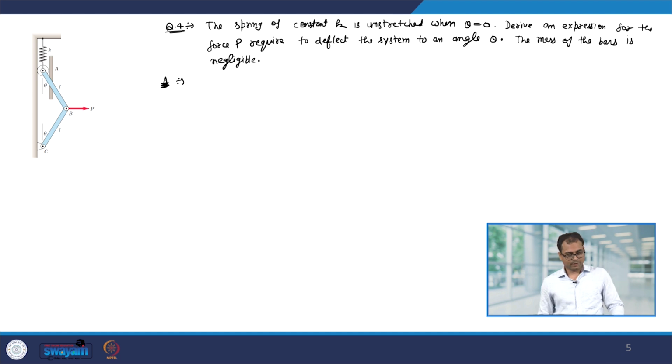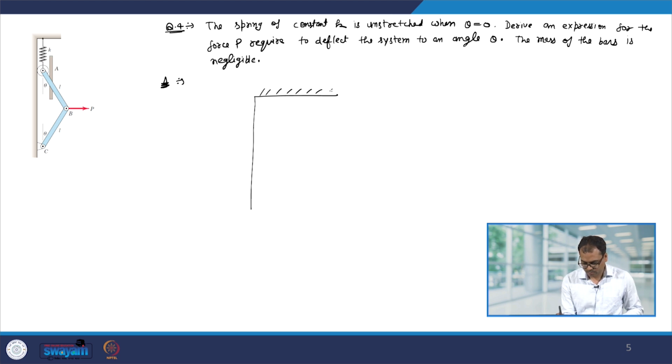So, again let us first make the free body diagram. At A we have a roller which is connected by a spring of spring constant K, and then we have the bars.